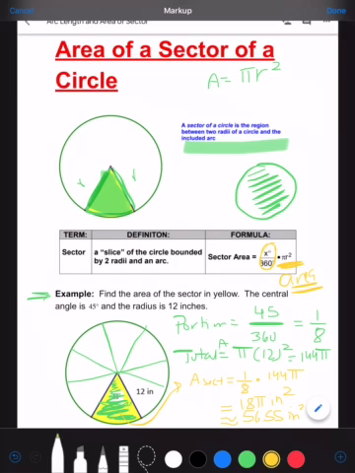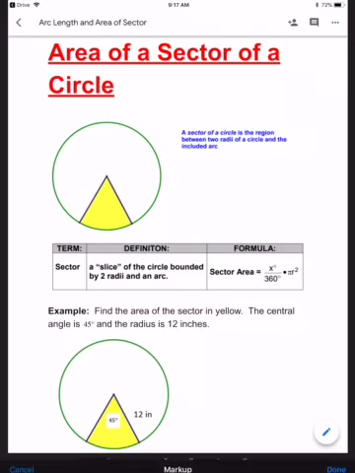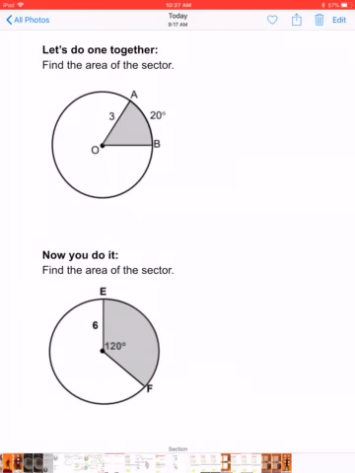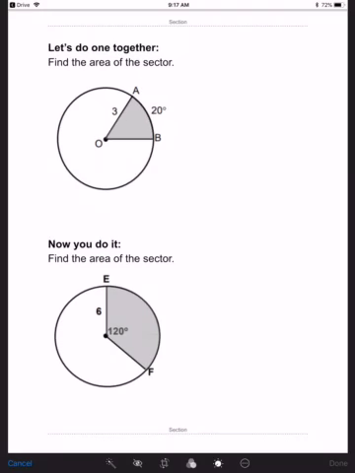These are very similar concepts in the sense that when we talk about arc length and when we talk about area of a sector, it is a portion of the whole thing. Okay, let's go ahead and work on an example. Let's do one together, and then you go ahead and work on yours.